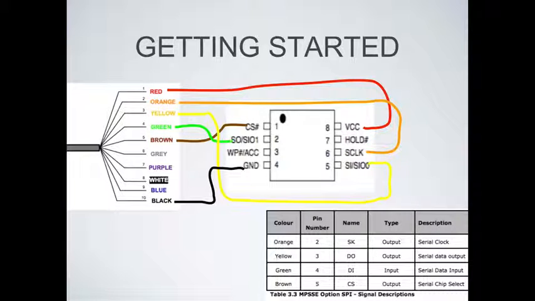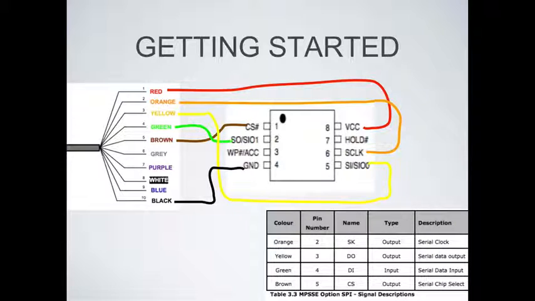So yellow is actually an output of the cable. When you're dealing with SPI, you have to make sure that you have them switched, like in a master slave mode type thing. So the output of the cable has to go to the input of the chip, and the output of the chip goes to the input of the cable.